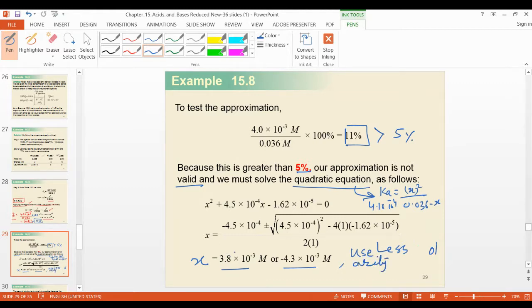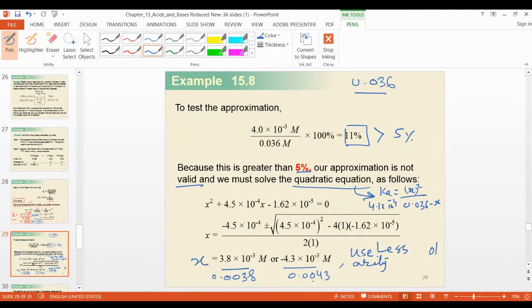So which one is less? This one is minus 4.3, and this is 3.8 minus 3. Compare with the 0.036 value: we write 0.00038 and here 0.0043.